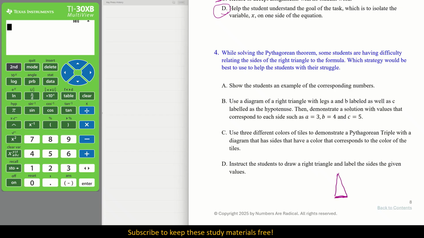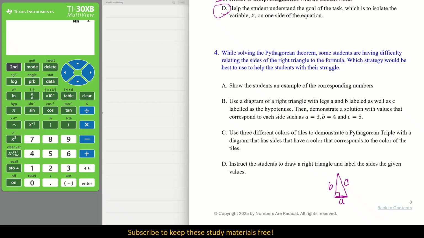And I don't know about you guys, but I was taught A is the smaller one, B is the mid-sized one, and of course, C is always the hypotenuse. And then that would make this my right angle. Which strategy would be best to use to help the student with their struggle?